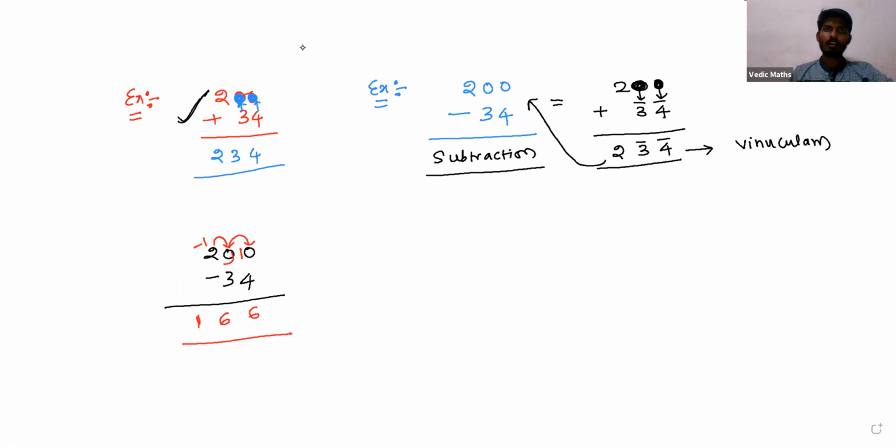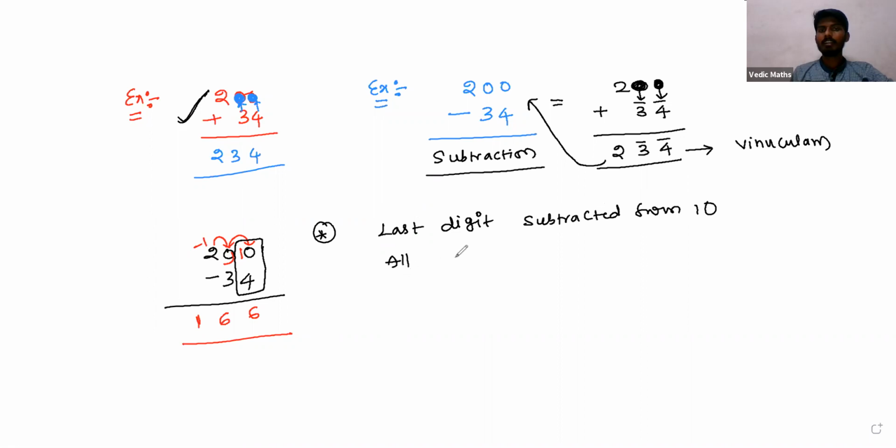So the points are: the last digit is subtracted from 10, and the remaining digits are subtracted from 9.